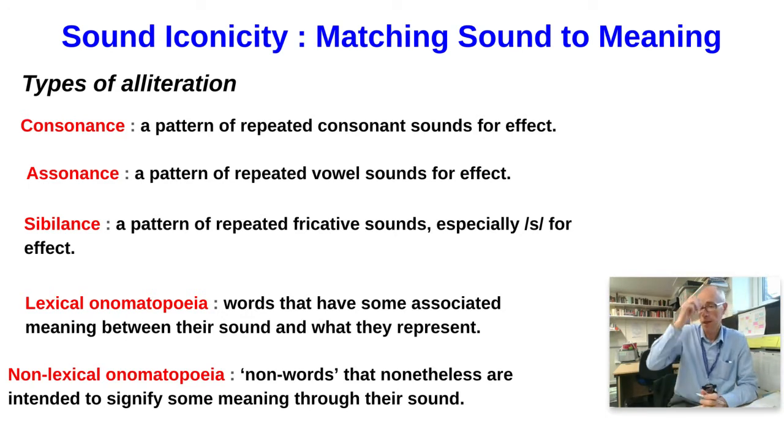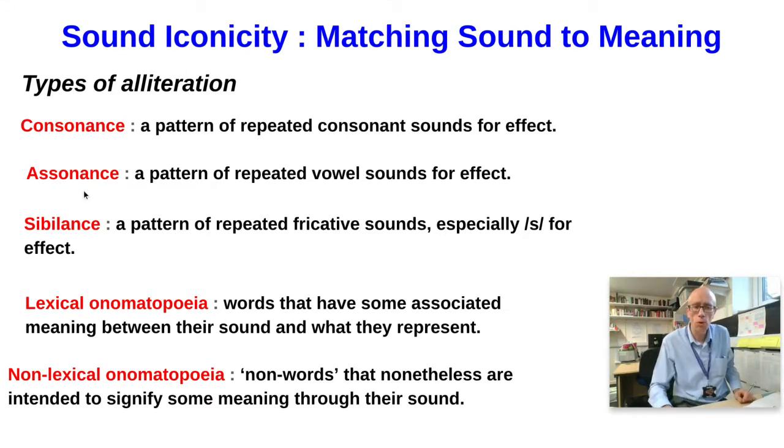Or cuckoo is the name of the bird because the creature makes that particular noise. Those are two examples of lexical onomatopoeia, whereas non-lexical onomatopoeia are non-words that nevertheless signify meaning. Ooh, like that. There's a piece of non-lexical onomatopoeia.